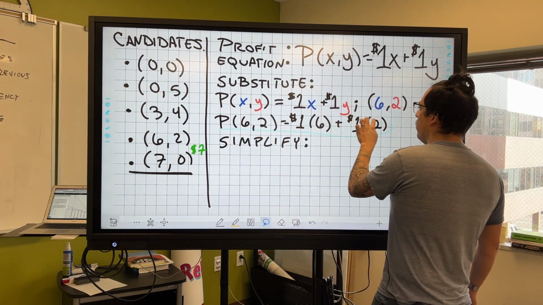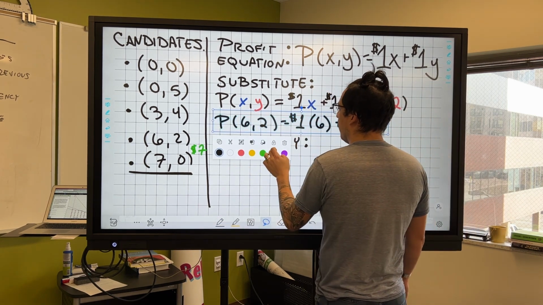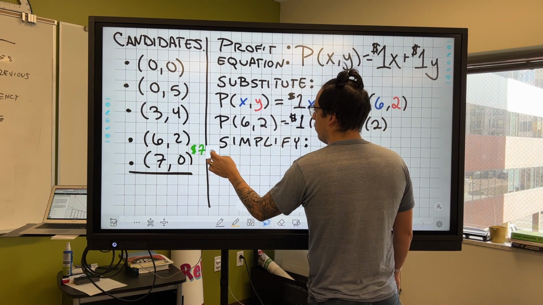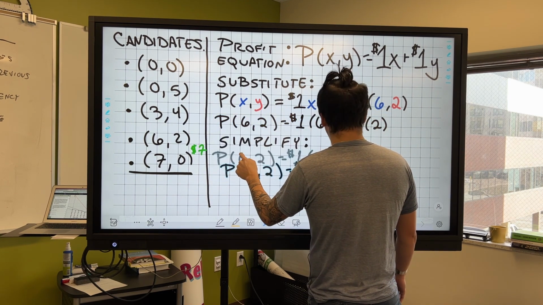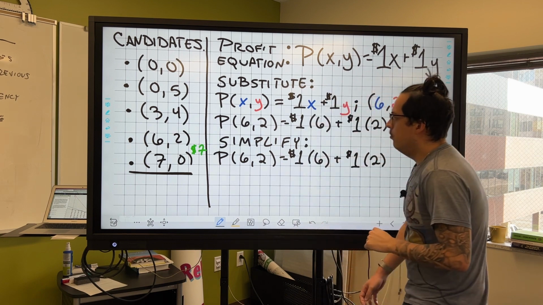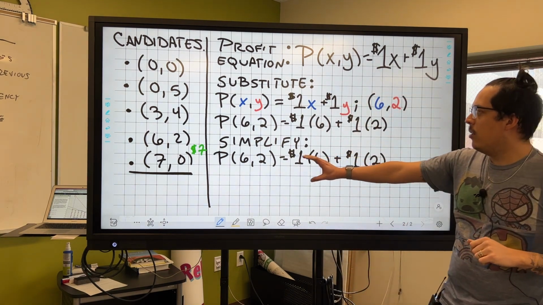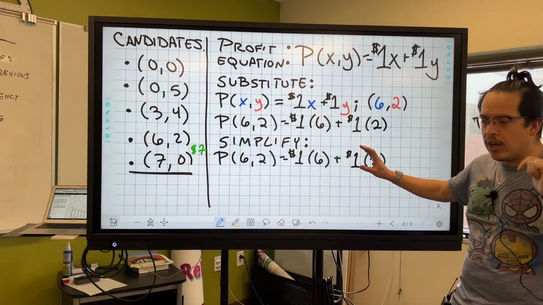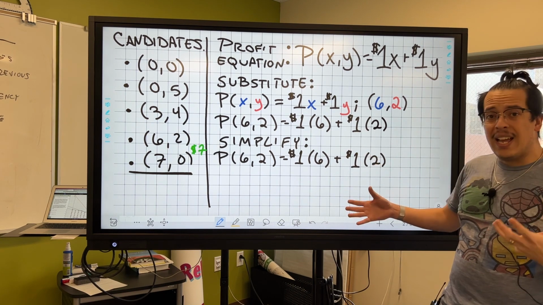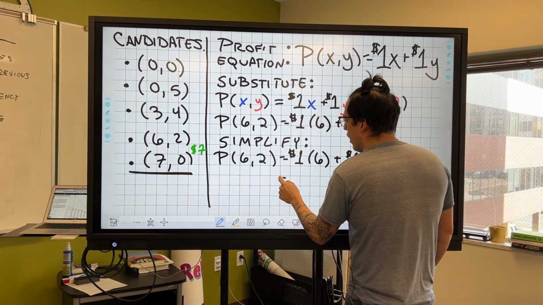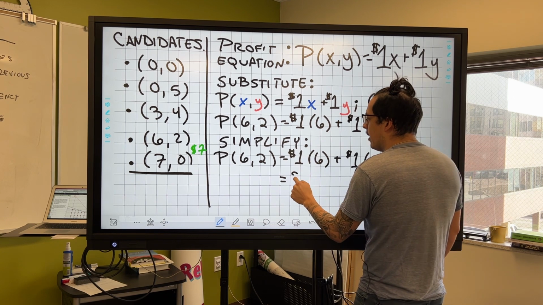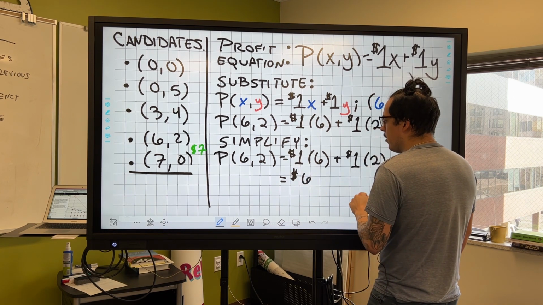And now we begin to simplify. So I rewrite my work in my simplify section so I know where I'm getting started from. And we'll pick this up at PEMDAS just like before. $1 times 6 is $6.